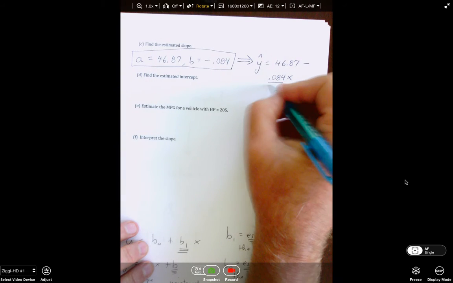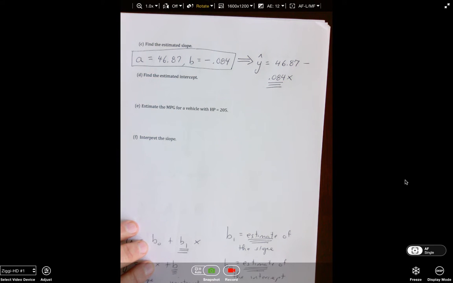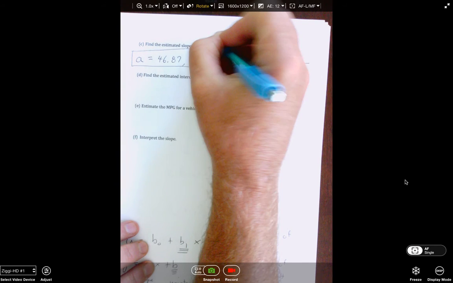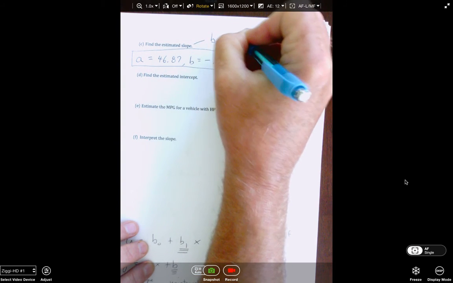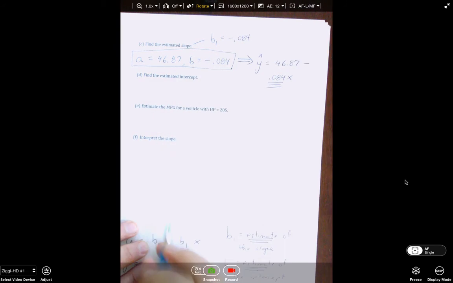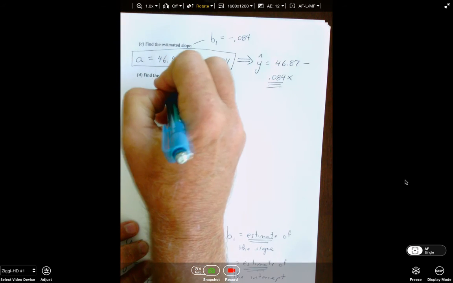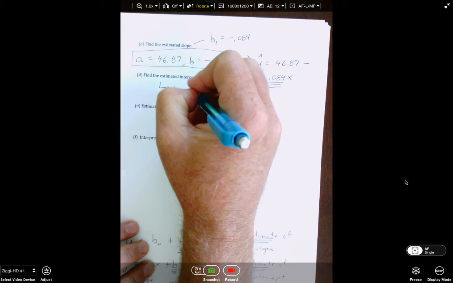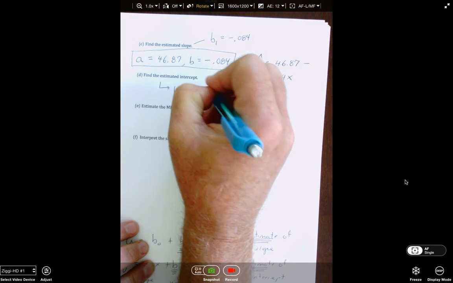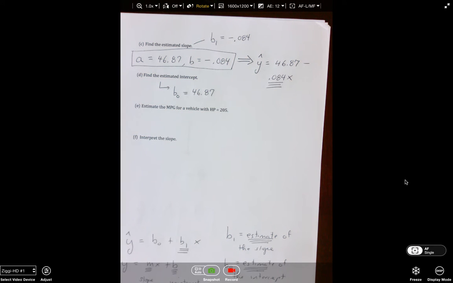The negative 0.084 is the estimate for the slope, and the 46.87 is the estimate for the intercept.